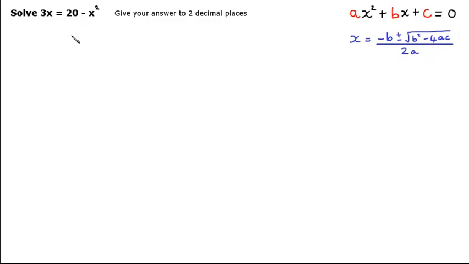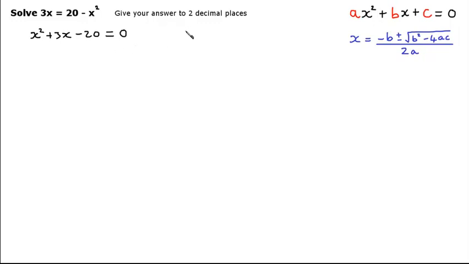Now in general we want to try and keep the x squared positive, so we're going to take away 20 from both sides and add x squared to both sides, and we'll end up with plus x squared plus the 3x, which was already on the left hand side, take away 20, and then on the right hand side we're just left with 0, and that now does match up with the general form of the quadratic equation, so we can now solve it.